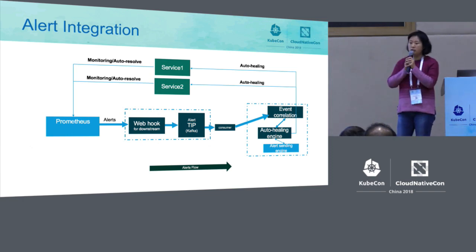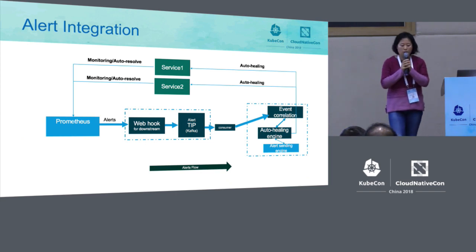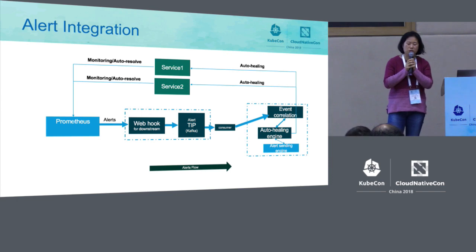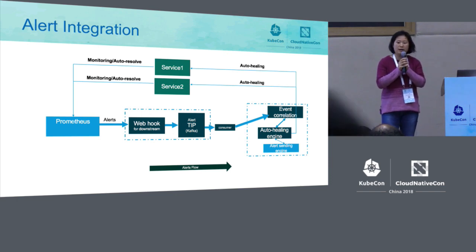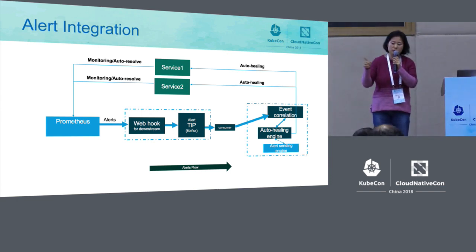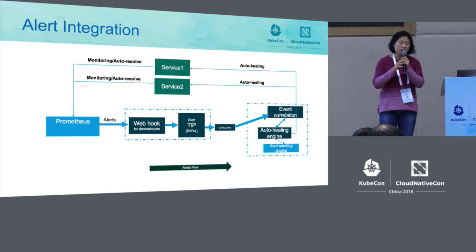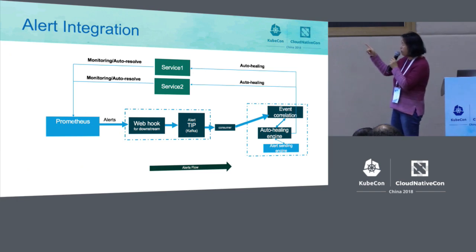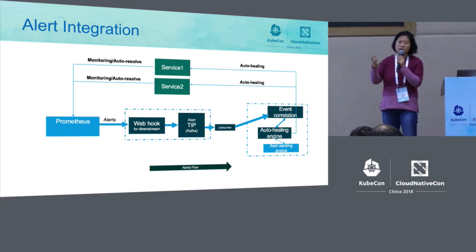We have optimized. For example, we have a correlation engine. What does it mean? If you have 100 alerts, you can locate some analysis and find that all these are generated by one trouble, and you need to do the troubleshooting.